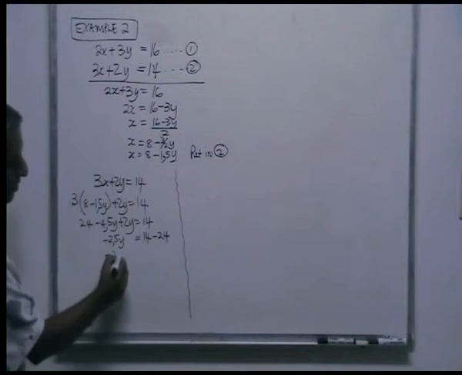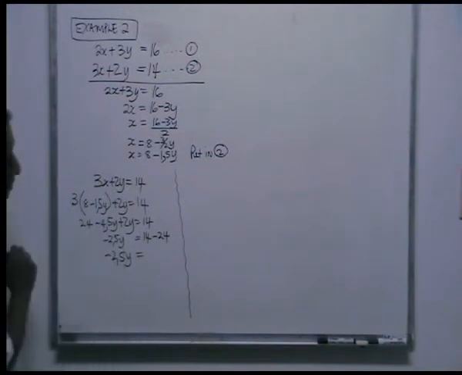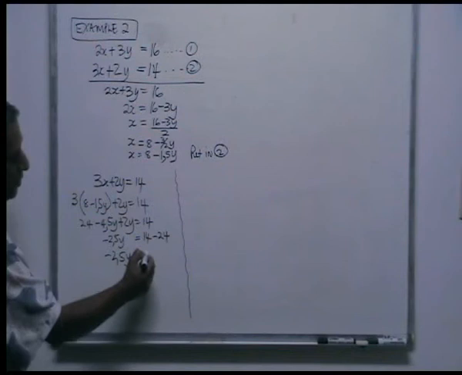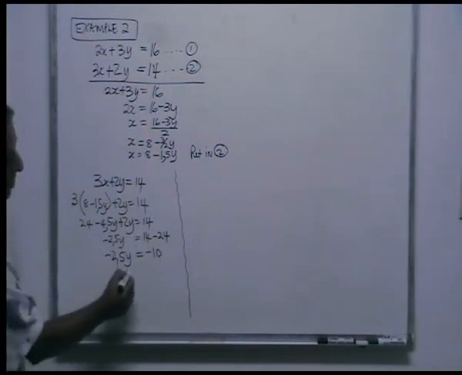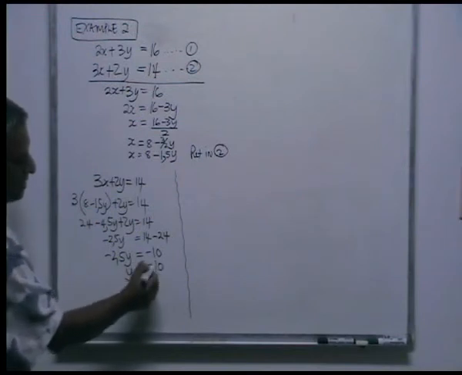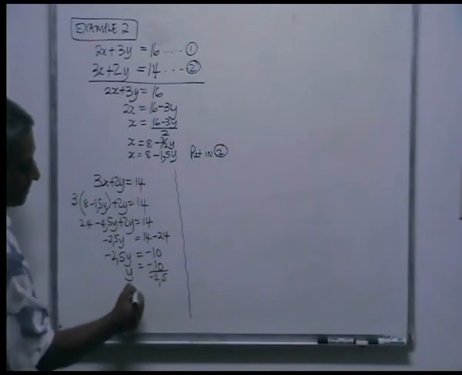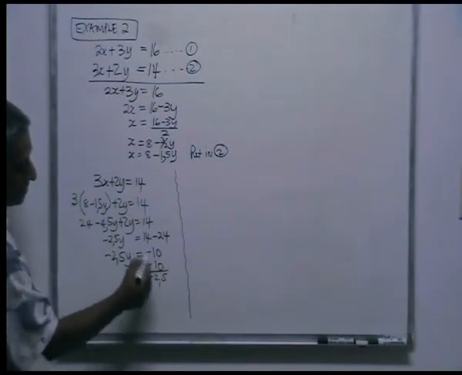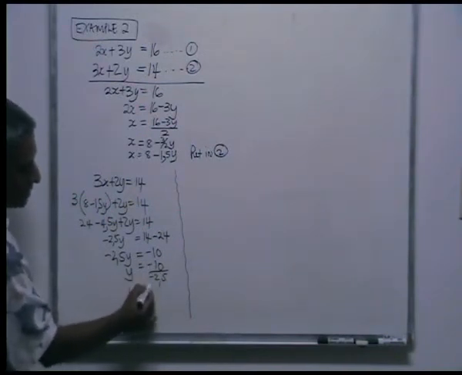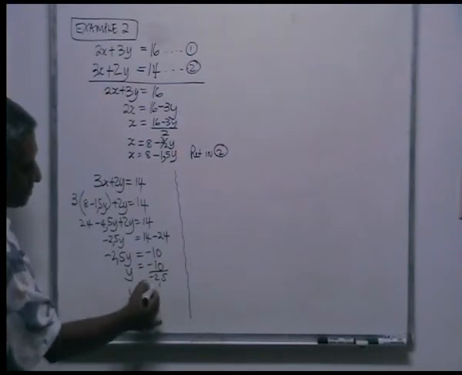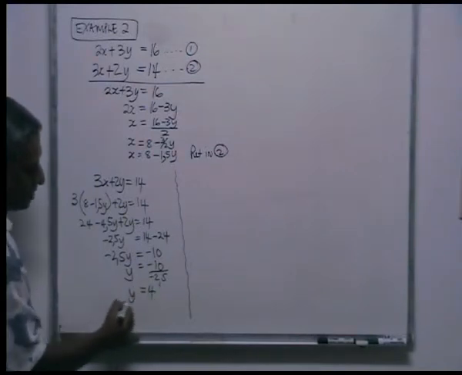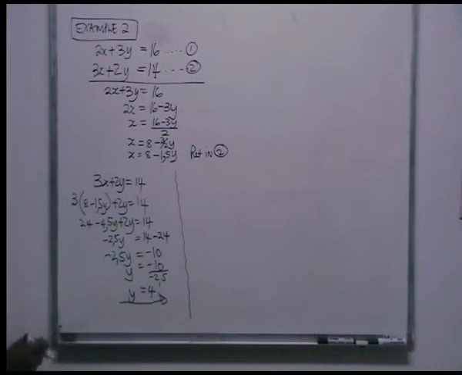So you'll have minus 2 comma 5y is equal to 14 minus 24, which gives you minus 10. So y is equal to minus 10 divided by minus 2 comma 5. Just use your calculator to help you. When you divide a minus by a minus, you get plus, and 10 divided by 2 comma 5 will give you 4. So you found that y is 4.